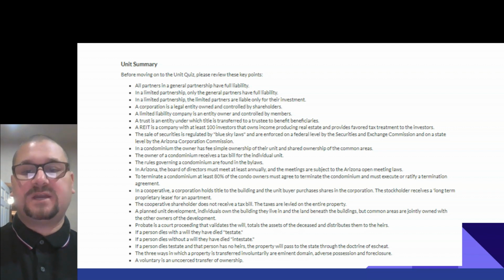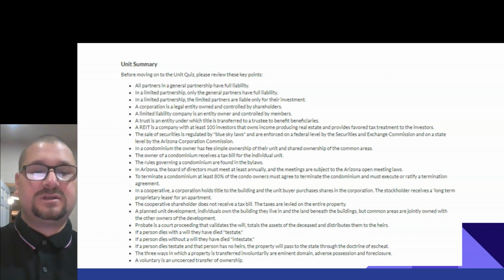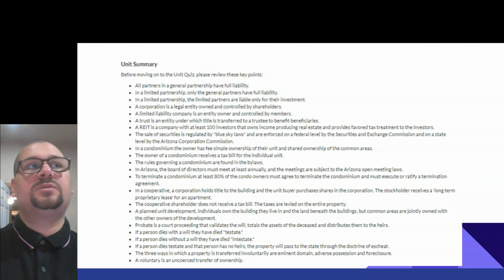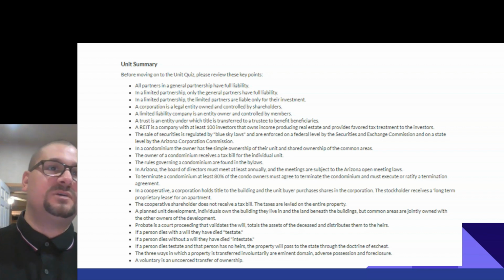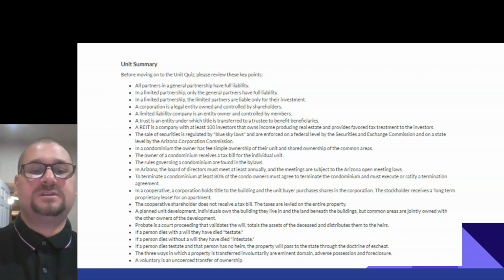Those are ways that you did not opt to do. You typically don't want to do those. And then if you want to do a transfer of ownership, voluntary, it's called an uncoerced transfer of ownership.